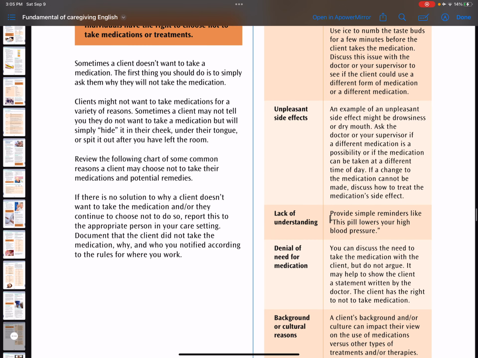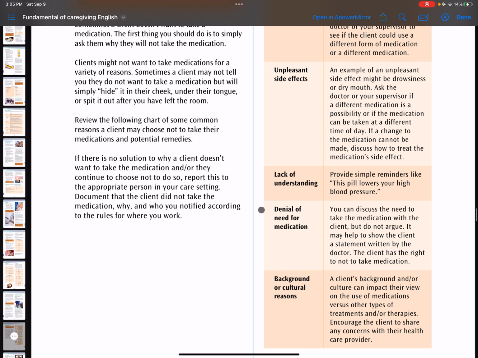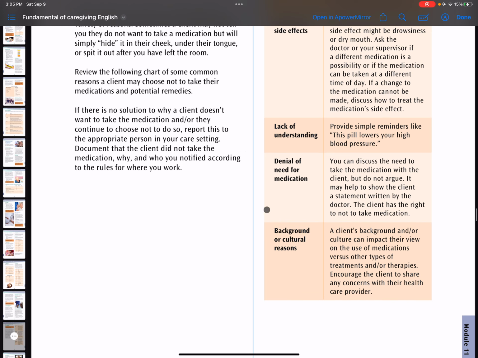If there's a lack of understanding, explain to them why they take the medication, and like that. If there is a denial of need for medication, you can discuss taking the medication with the client. If there are background or cultural reasons, maybe it's time to encourage the client to share any concerns or why they don't want to take it, something like that.